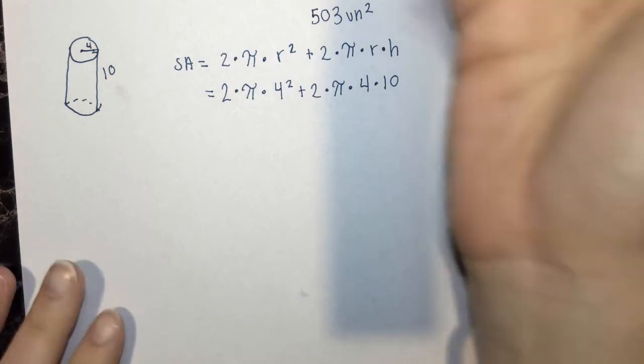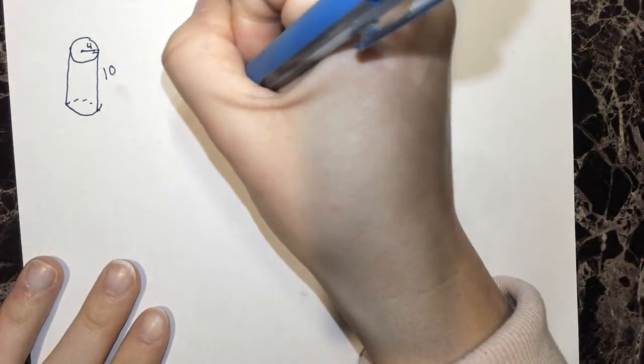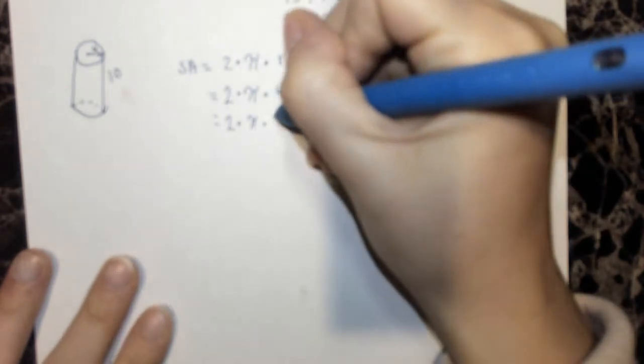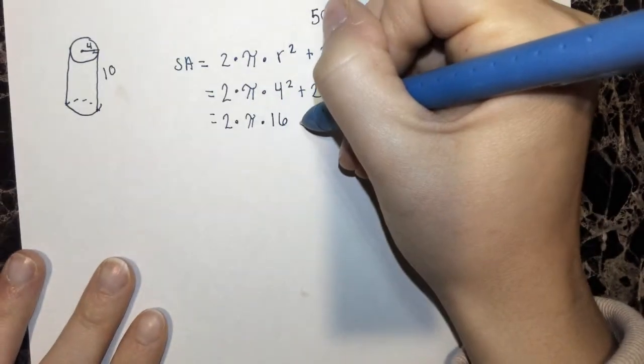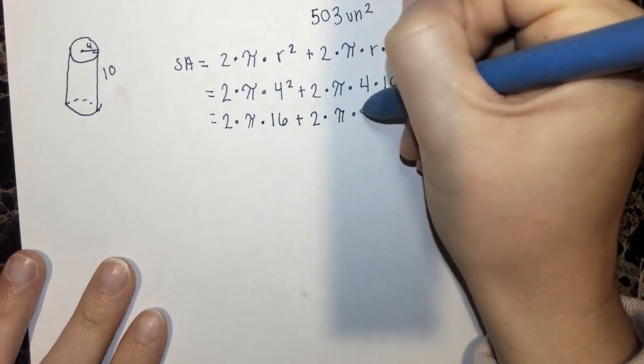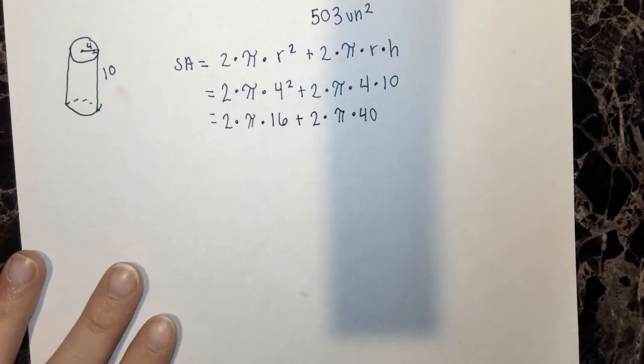Alright, so we're going to solve this. If I would go and simplify it, I would have 2 times pi times 4 squared, which is 4 times 4, which is 16, plus 2 times pi times 4 times 10, which is 40. Okay?